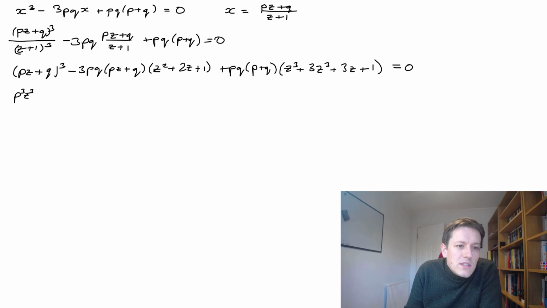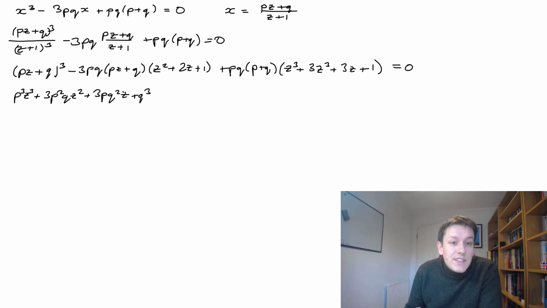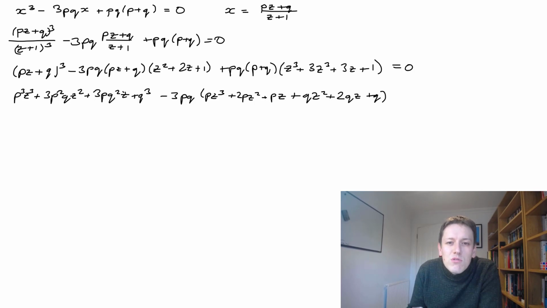So we'll do p cubed z cubed plus 3p squared q times z squared plus 3pq squared times z plus q cubed, and then for this next term here we're going to have 3pq times (pz cubed plus 2pz squared plus pz plus qz squared plus 2qz plus q), and this last term here I'm just going to leave exactly as it is for now.